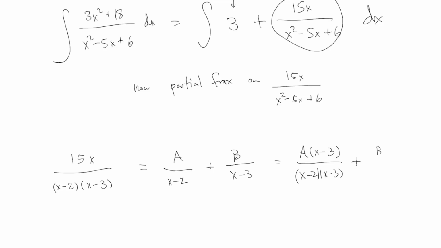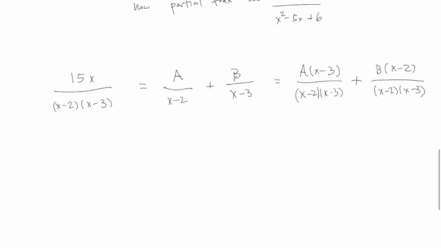And then the second one will be B times x minus 2 over the same thing. And now if you just read across the numerators and distribute the A's and the B's, it'll say 15x equals Ax minus 3A plus Bx minus 2B.